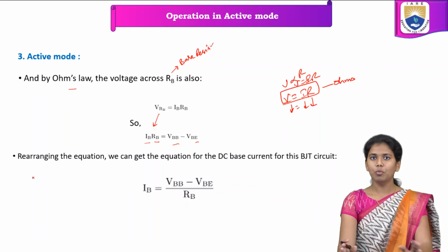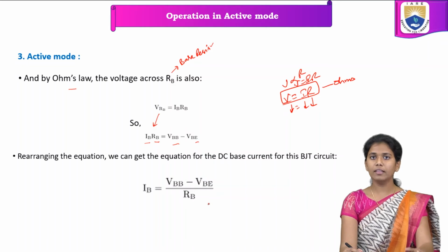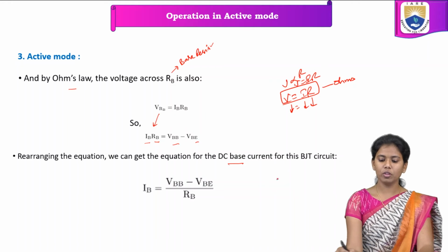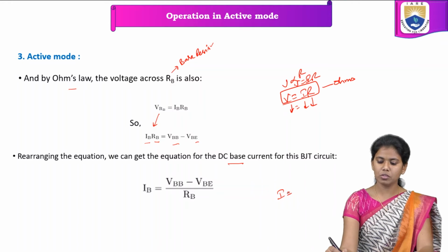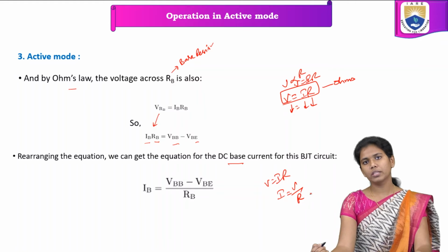And now after rearranging the above equation, we get the equation for the DC base current, in terms of current. We know that current I is voltage with respect to resistance.